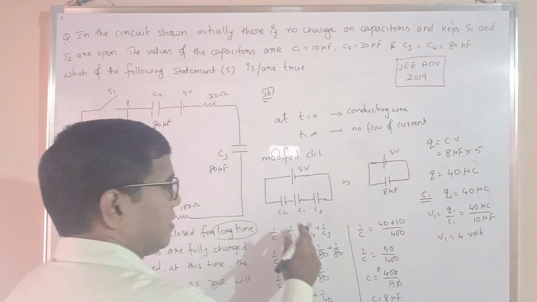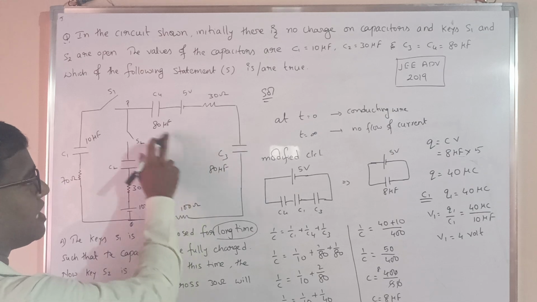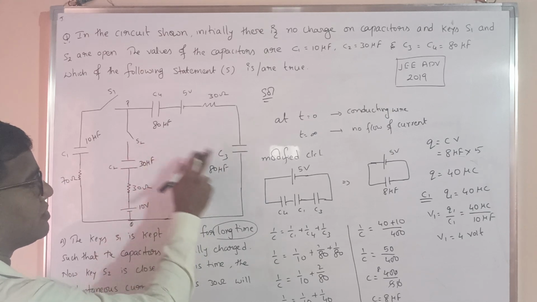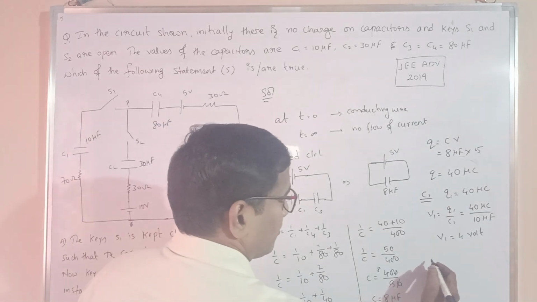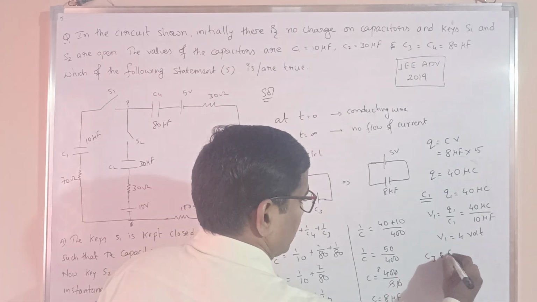And similarly, C3 and C4 have the same capacitance, and the same charge is flowing. Directly you can solve.